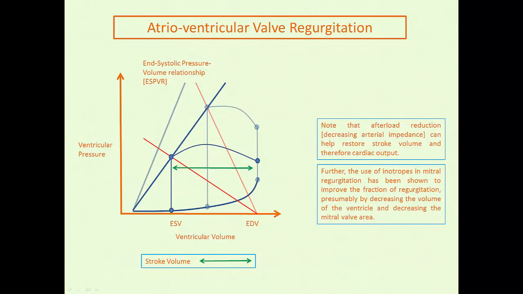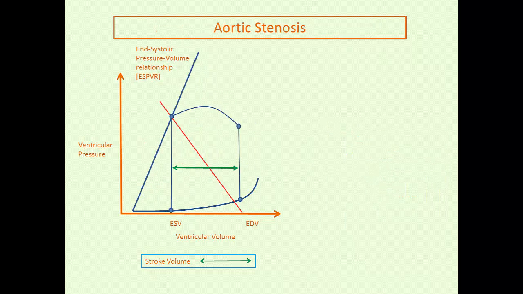And interestingly, I don't think I have it cartooned here, but increasing the inotropic state in patients with bad MR has been shown to improve the fraction of regurgitation, presumably by decreasing the volume of the ventricle and therefore decreasing mitral valve area and promoting forward flow through the aortic valve.